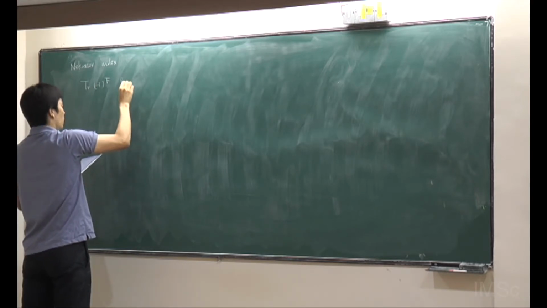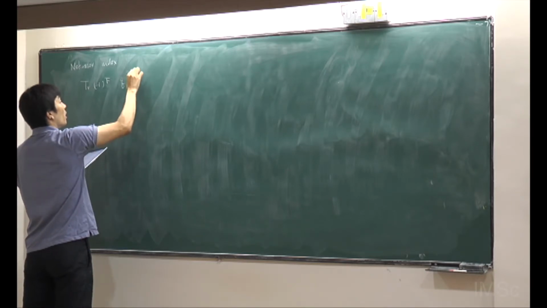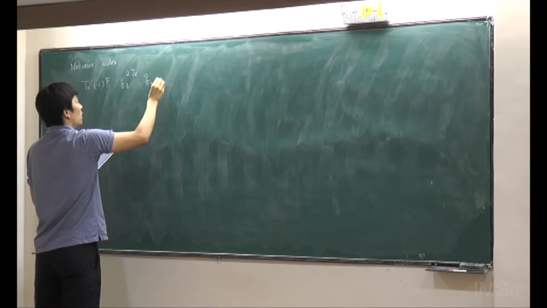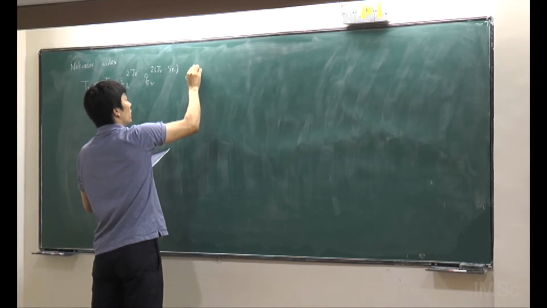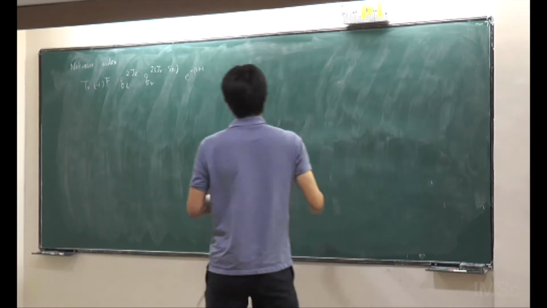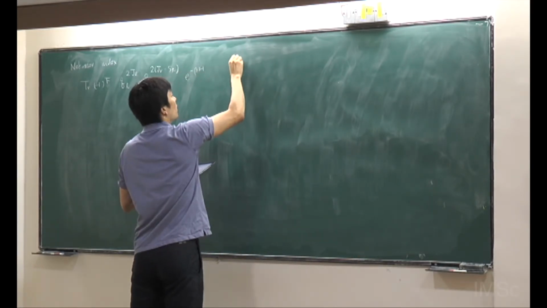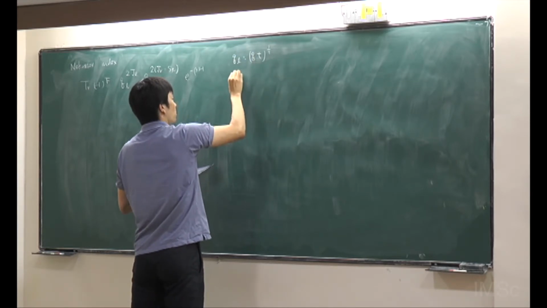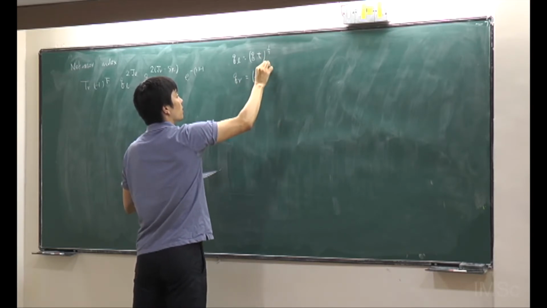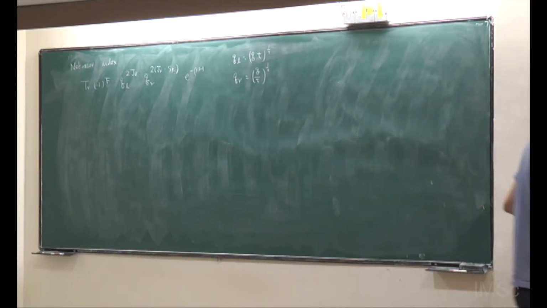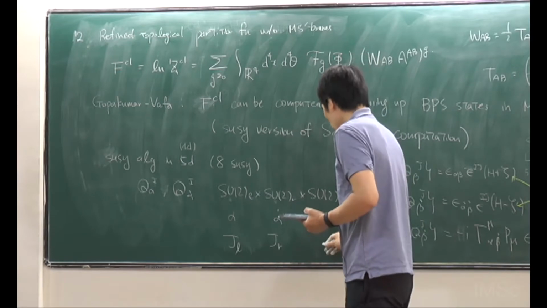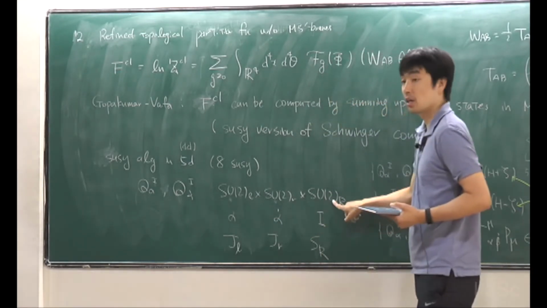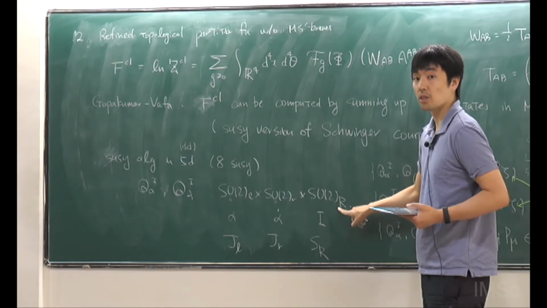It's very similar to the trace of Q_L^{2J_L} Q_R^{2J_R - S_R} e^{-beta H}, where Q_L is Q T to the half, and Q_R is Q over T to the half. J_L is the generator of the spin SU(2)_L, J_R is the generator of SU(2)_R, and S_R is the generator of the R symmetry. Okay. Yes, question?